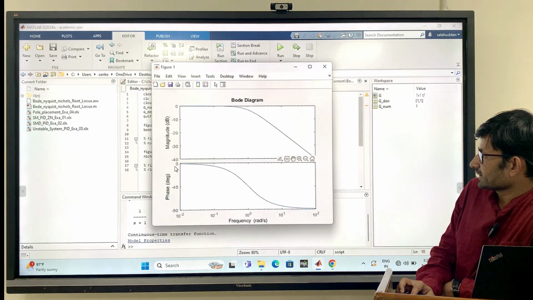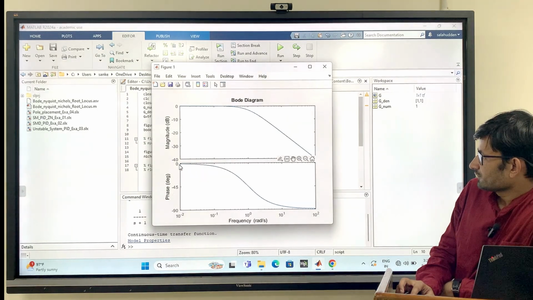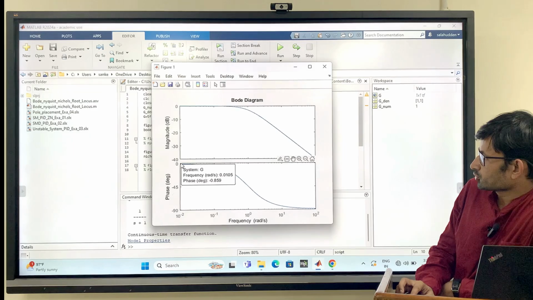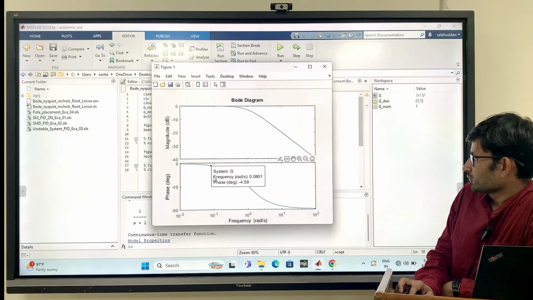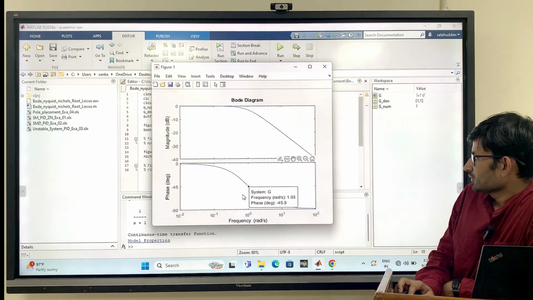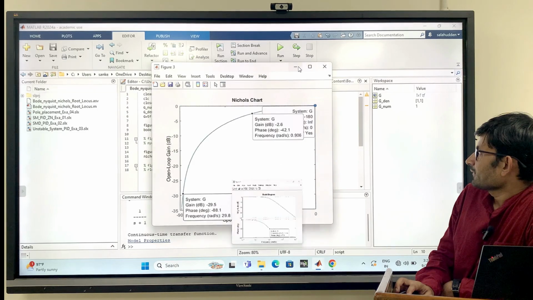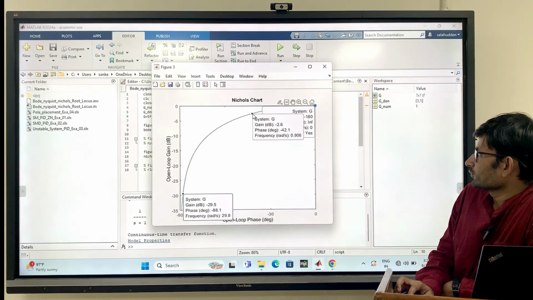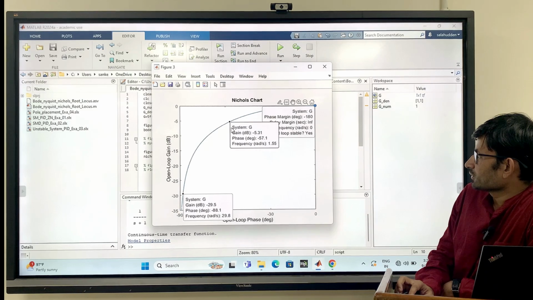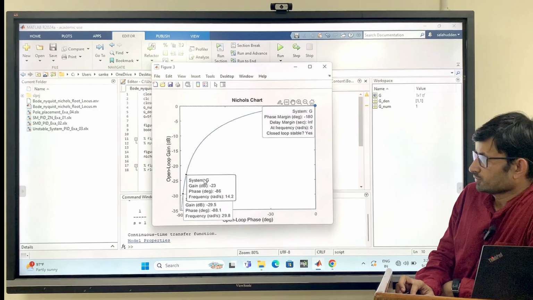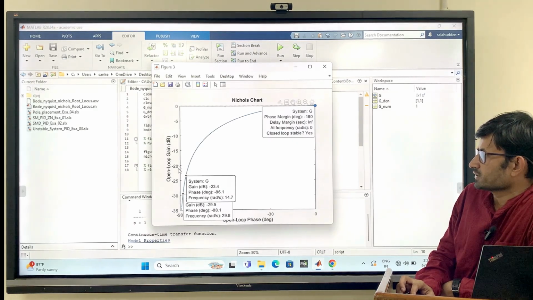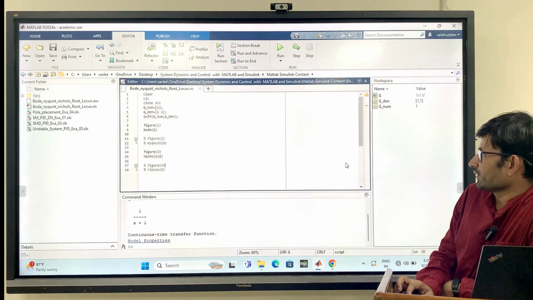For example, here you have a phase of almost 0, and here with respect to frequency your phase is more negative. Similarly in Nichols chart, when you come along this line, you will see the increase in frequency. For each frequency you can see the open loop gain and open loop phase.